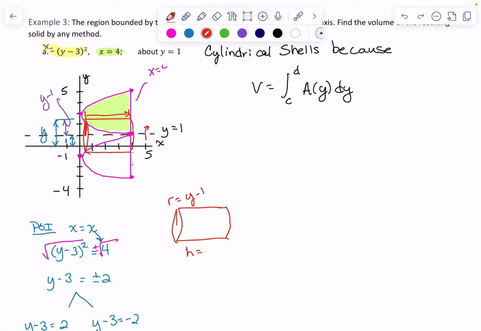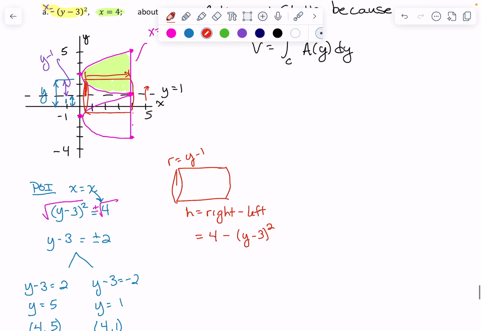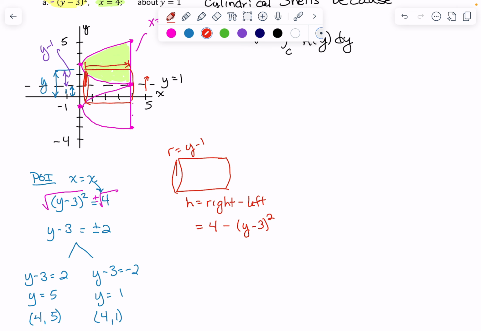So my height is going to be my right curve, since I'm sideways, minus my left, okay? So my right curve is going to be the x equals 4, and my left curve, that x value, is at y minus 3 squared. All right, so that's going to be my height. I'm going to clean that up a little bit. I'm going to change colors though.